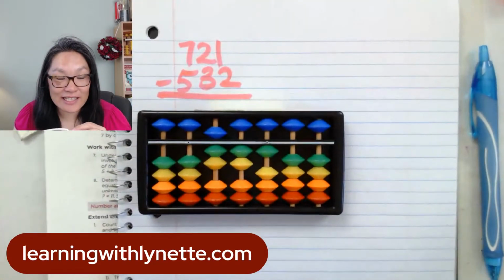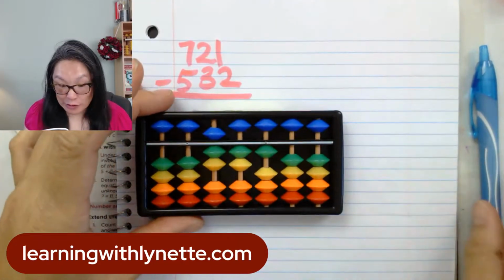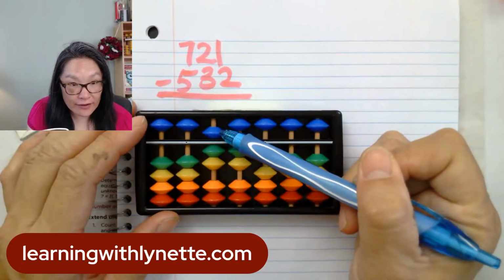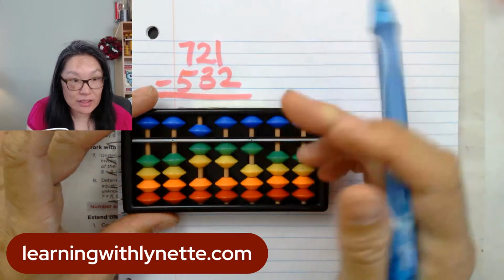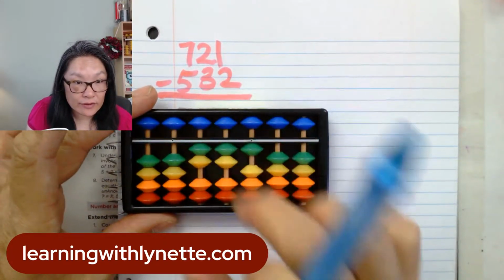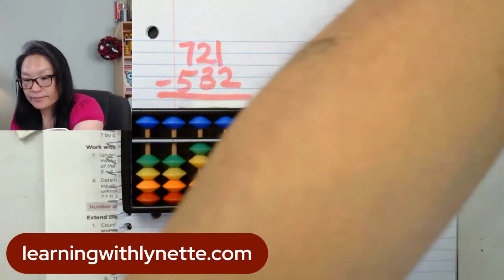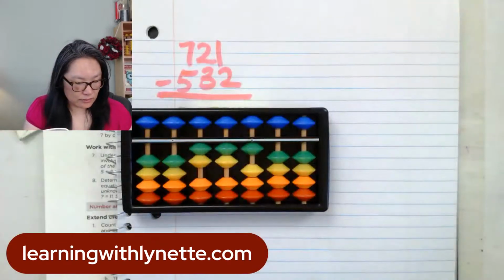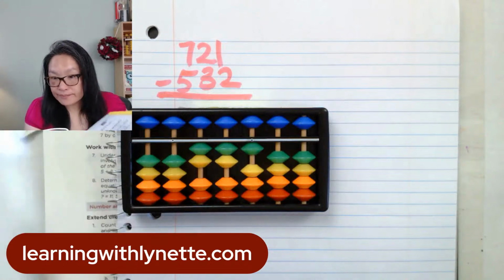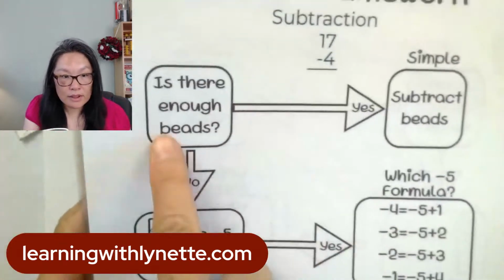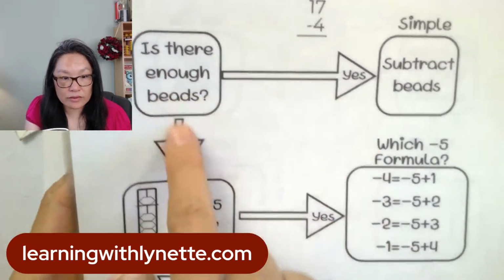Sometimes it's really good, sometimes it's really bad. All right, take away the 5. Can we do it? Yes, we can. We're going to take away the 5, and then we need to take away the 3. Can we take away the 3? Is there enough beads? No, there isn't.